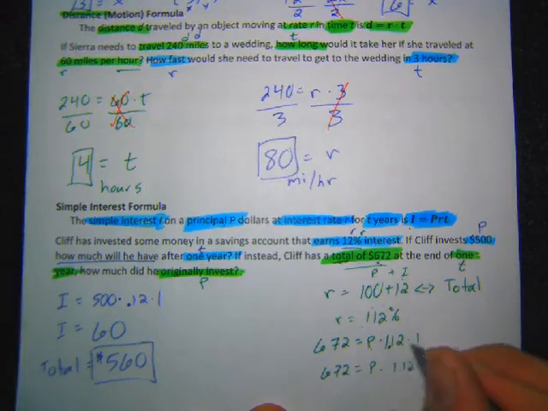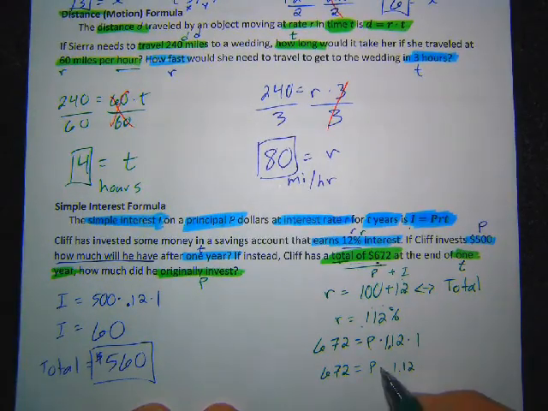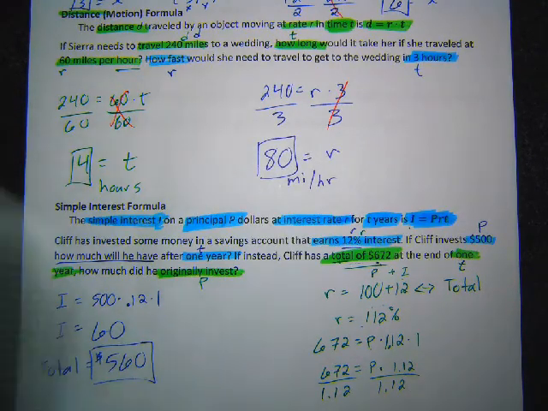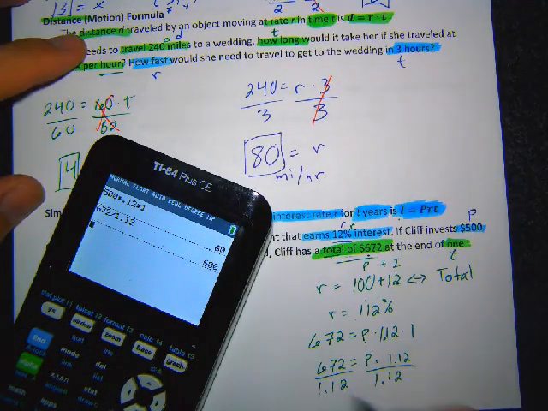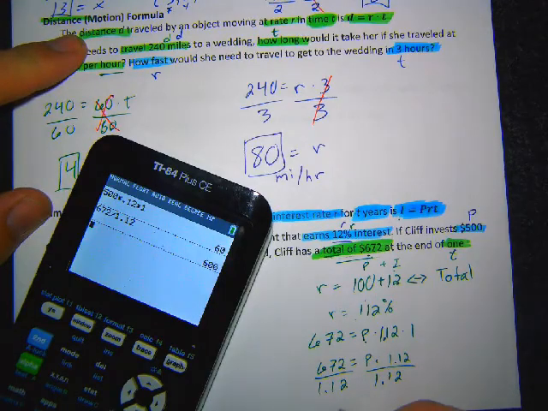To solve this, we divide both sides by 1.12. So the principal, 672 divided by 1.12, gives us that the original amount was 600. So 600 is the principal.